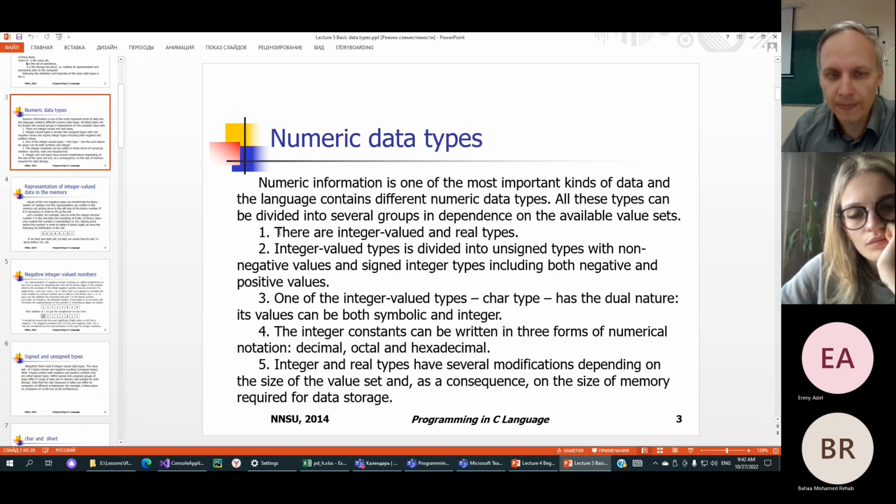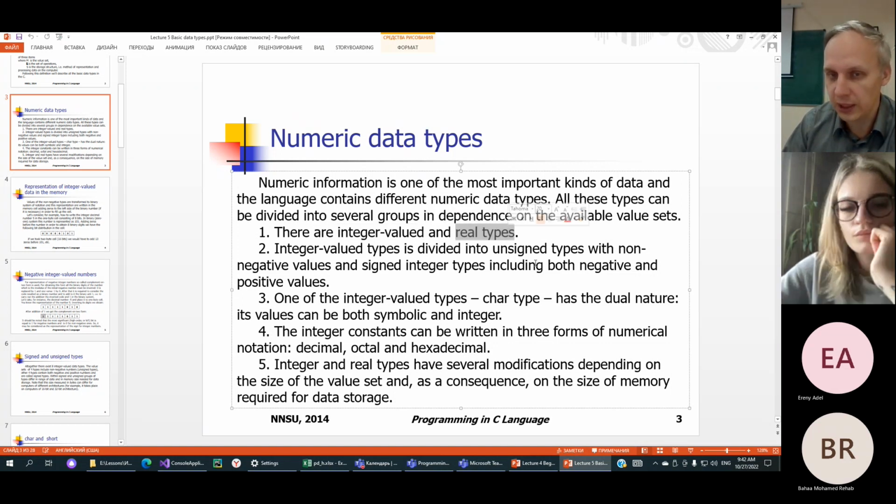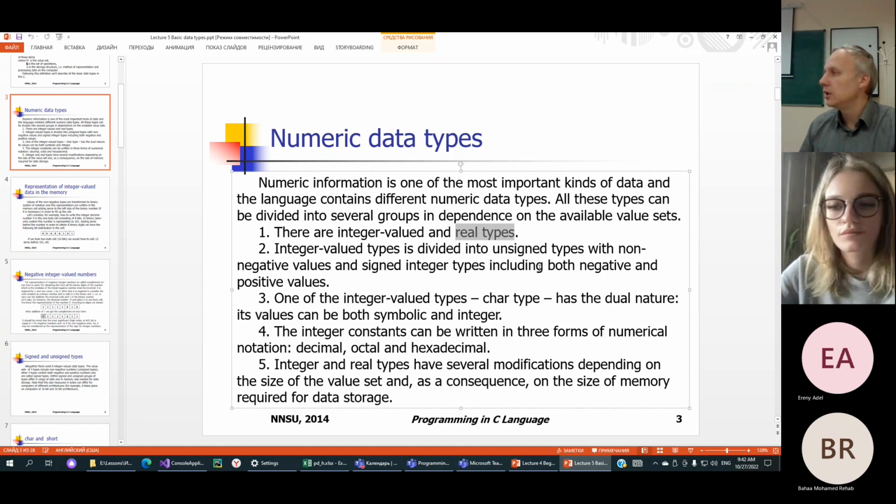And well, when we are talking about the numeric data types, the numeric data types are divided into integer valued types and real types. Integer valued are only integer numbers. Real types, the real numbers.